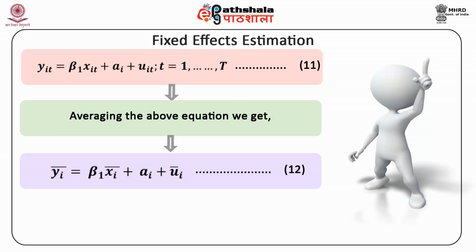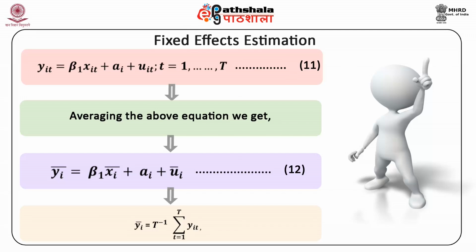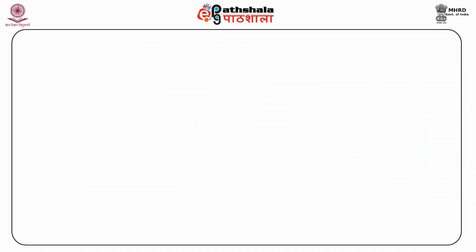where y_i bar is equal to T inverse into sigma y_it, and t ranges from 1 to capital T, and so on. Because alpha_i is fixed over time, it appears in both equations 11 and 12.